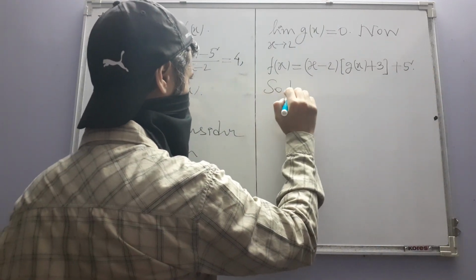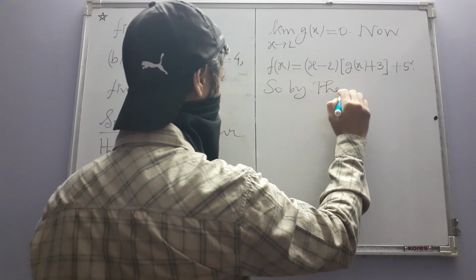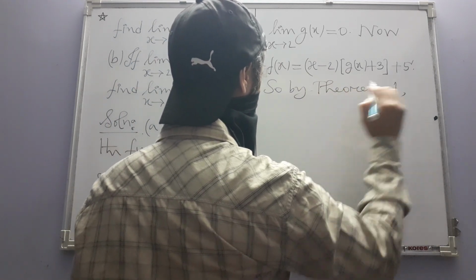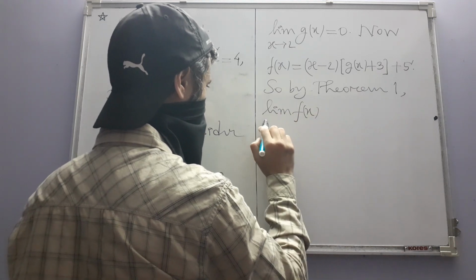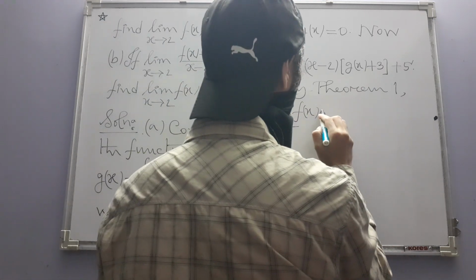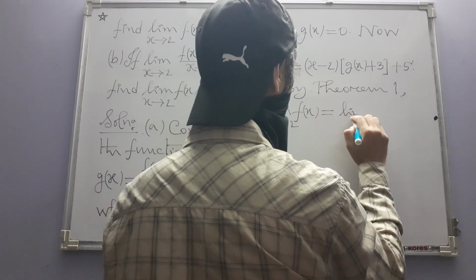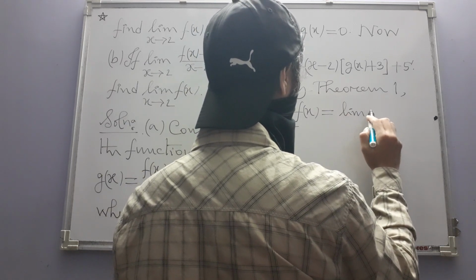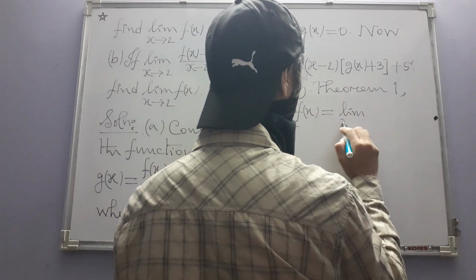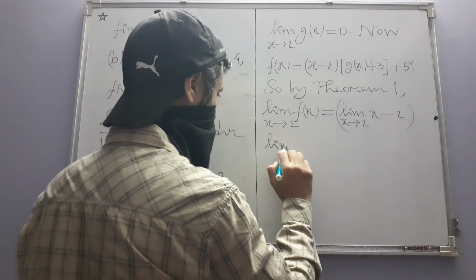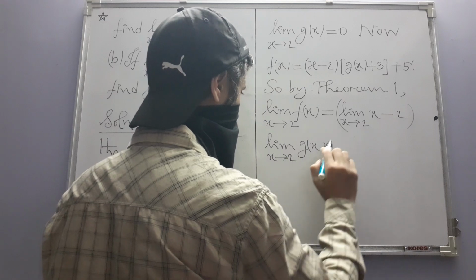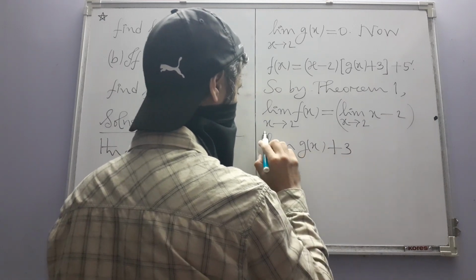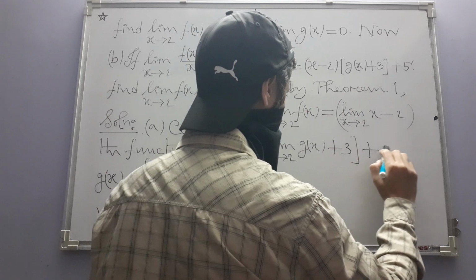So by theorem 1, the limit is this times the limit of the other factor, plus 5.